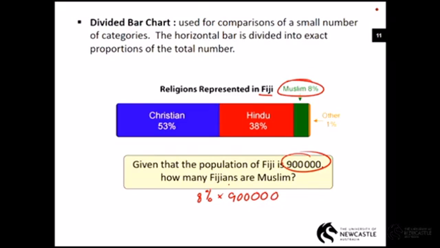Again, I'm not going to bother to go through and do it manually, but if you went to the calc, just 8 on 100 is fairly simple. Do that times 900,000, and then it will give us 72 and 3 zeros from the calculator. So yep, I can work out from these charts.